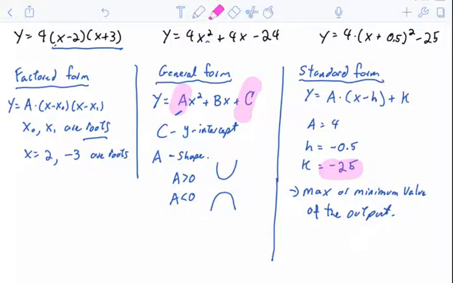It happens when x is equal to minus 0.5, so that's when the function is at its either maximum or minimum, and then the value of a tells you whether it's a maximum or the minimum. So in this case, because a is positive, y is equal to minus 25 is the minimum.